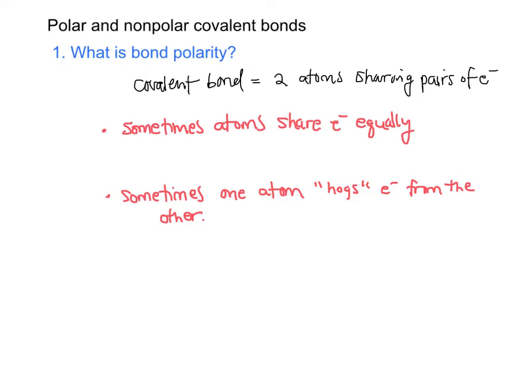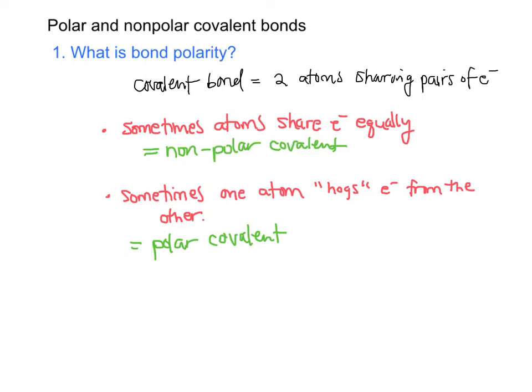A bond where the atoms are sharing their electrons equally is called a nonpolar covalent bond. And a bond where one atom is hogging the electrons from the other is called a polar covalent bond.